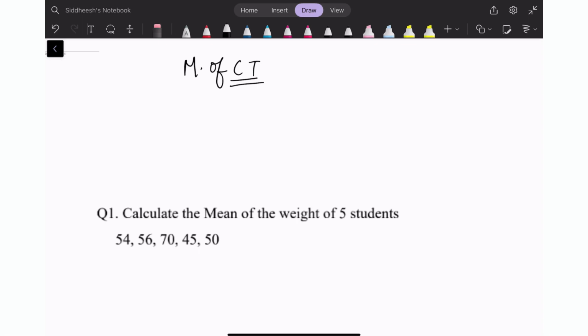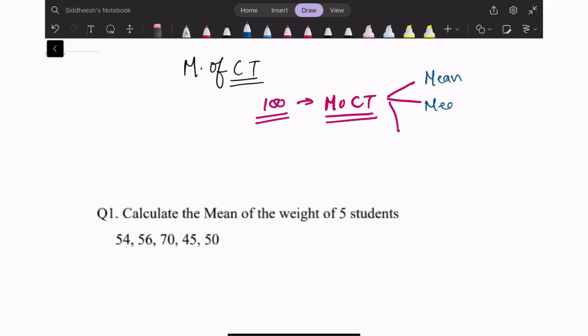For example, suppose in your class we have around 100 individuals. I cannot remember the age of each individual, so I can find some central value that can represent the entire class. That is a measure of central tendency, which has three different categories: first is mean, then median, then mode.